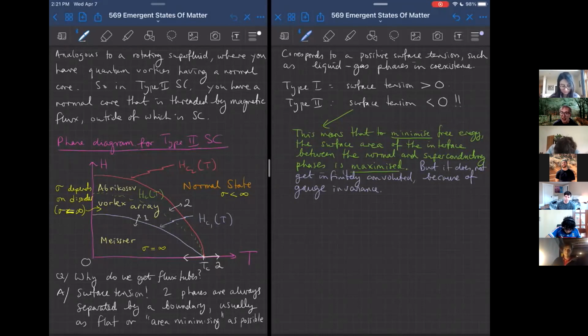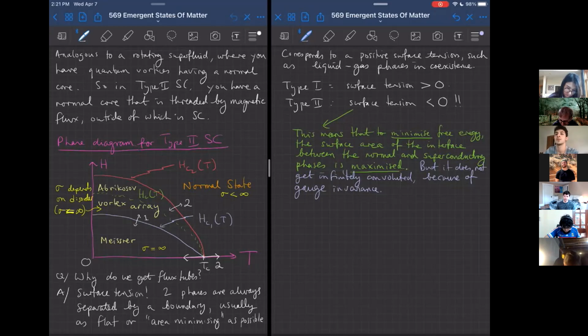Gauge invariance says that if I've created a small region of a normal inside a superconductor, if I go around it, there has to be a topological invariant of flux that has to be satisfied, and you can't get less than that.